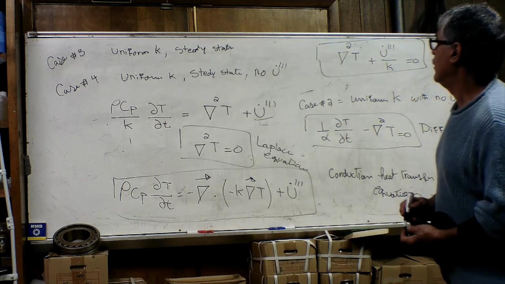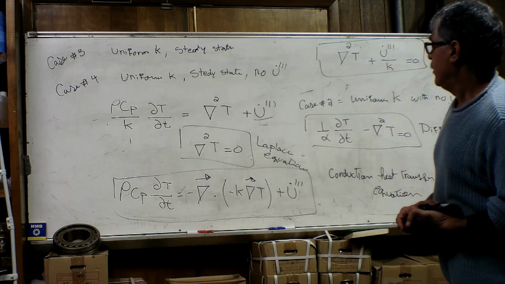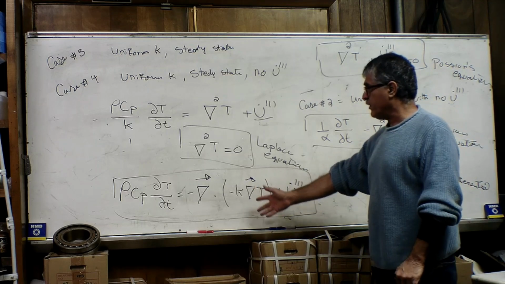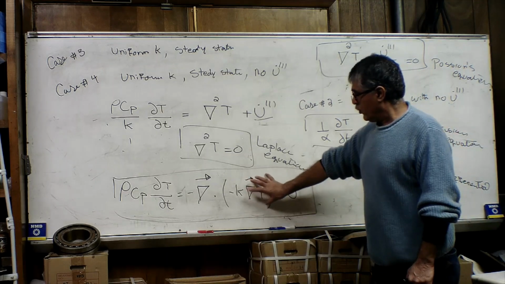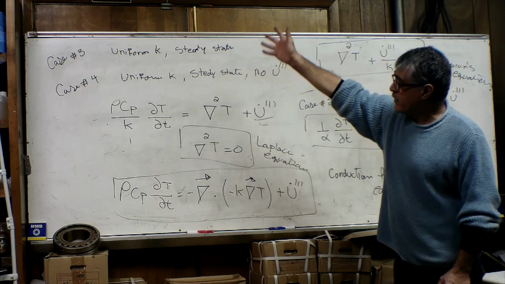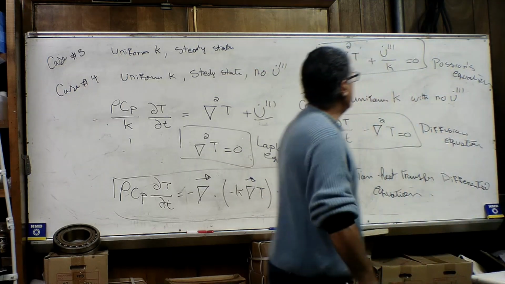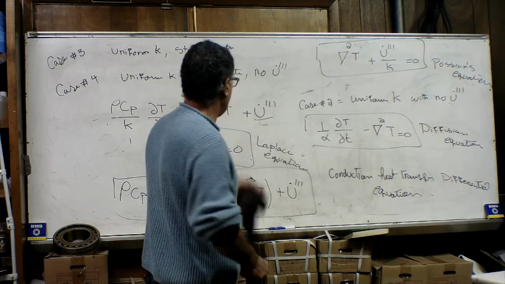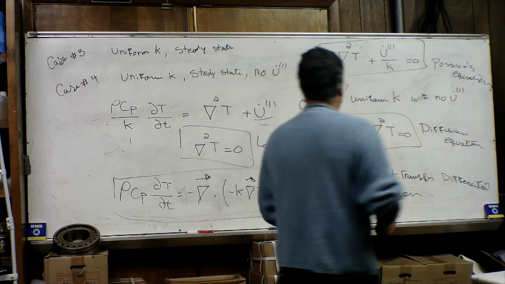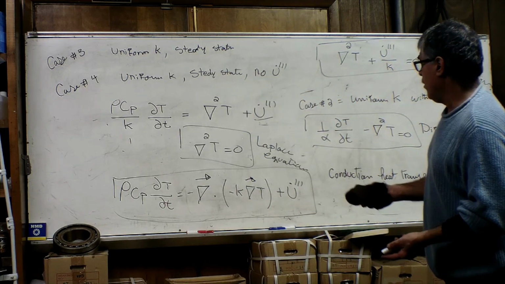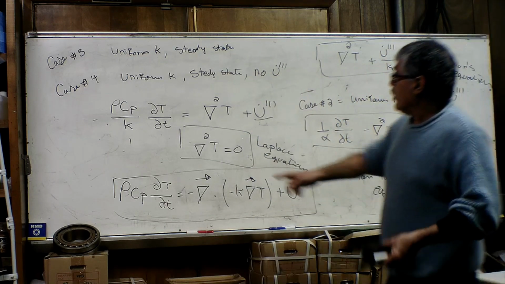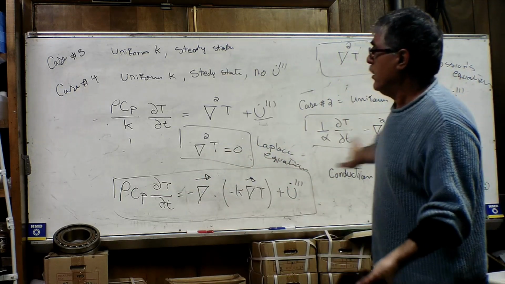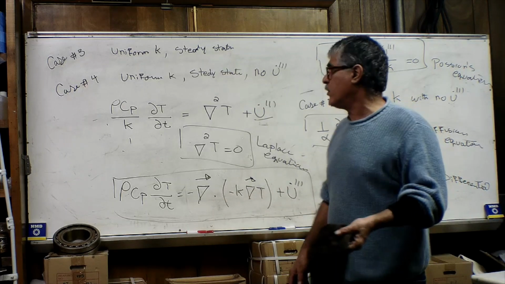Now we have the conduction heat transfer differential equation, and using this equation we applied these cases and we derived the diffusion equation, Poisson's equation, and Laplace equation. Now, by knowing the value for the del, we can write this equation in Cartesian, cylindrical, and spherical coordinates.